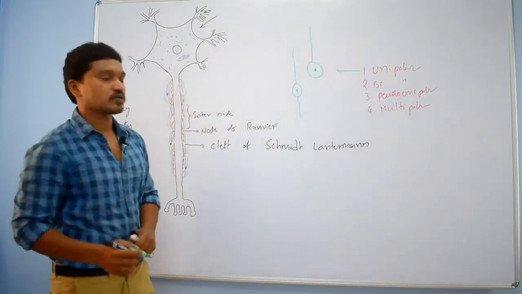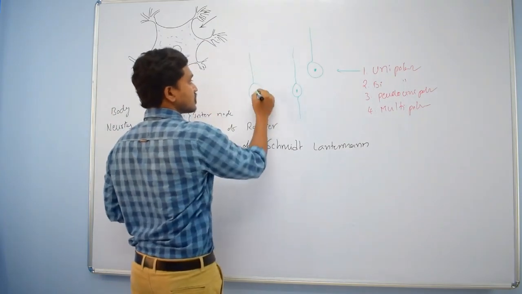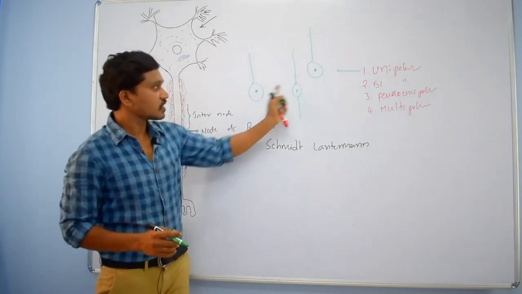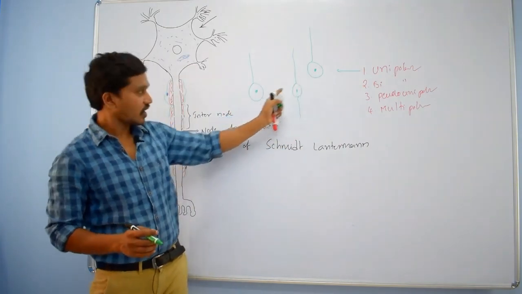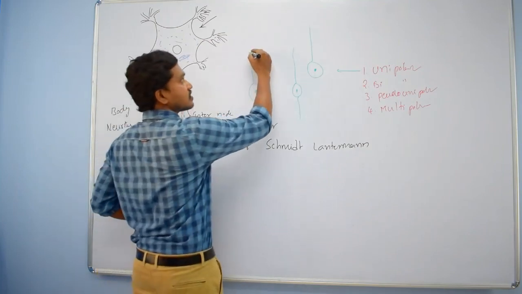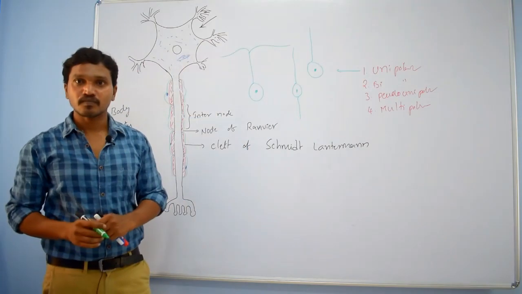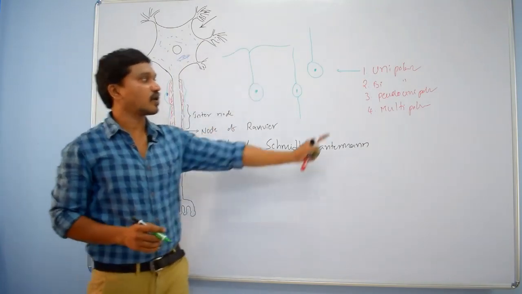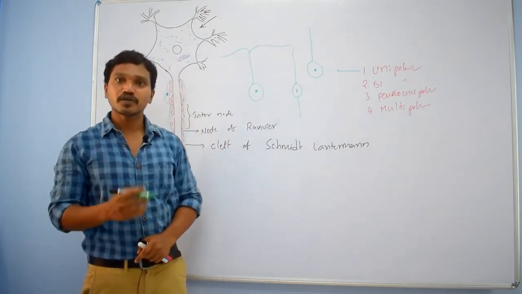Pseudo unipolar. Pseudo unipolar means, see here, first this is a cell with one process. It looks like this, is it or not? So this is unipolar and this also looks like unipolar, but after some distance it gives two branches here. Clear? So this type of neurons we call pseudo unipolar. Where can you find pseudo unipolar?